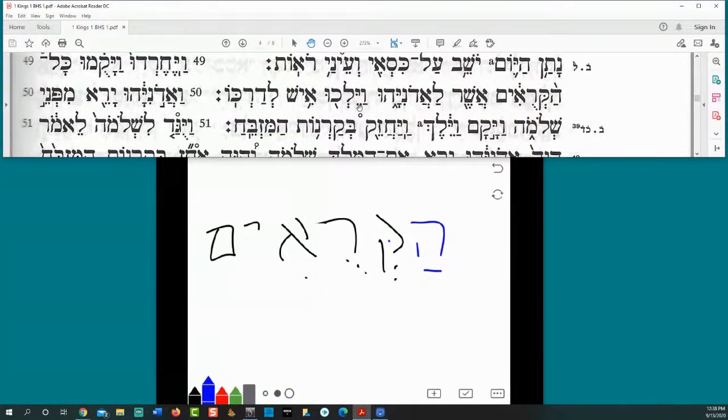So this is from halach. Notice the hey acting like a first yud, and so just another Qal vav consecutive imperfect, third plural. So that's where the tsere is coming from. Halach, to go, and they went, ish le-darko.